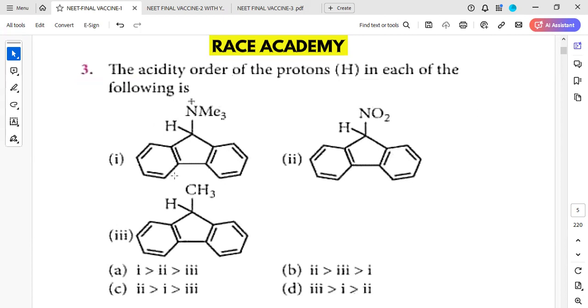Carefully observe, we have a 5-membered ring with one hydrogen and one other group which is showing some electronic effects.